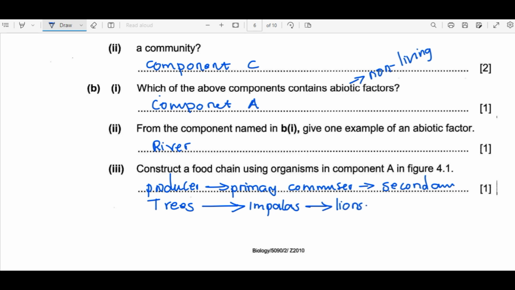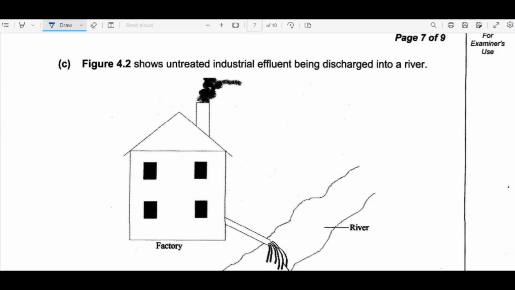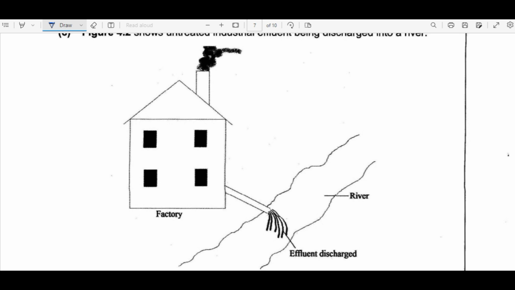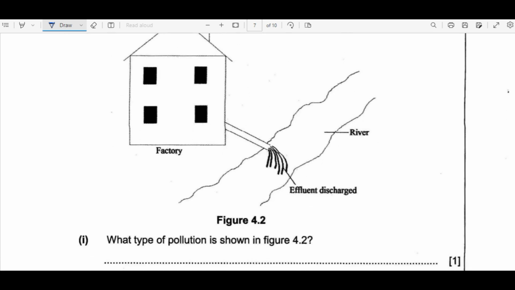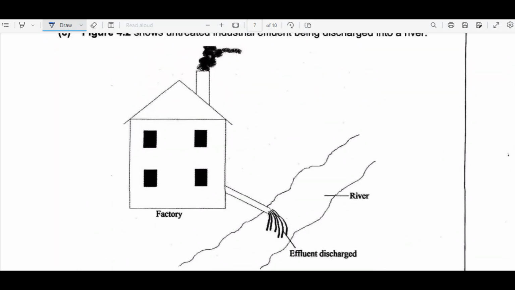Okay, we move on to question C. Figure 4.2 shows untreated industrial effluent being discharged into a river. So the thing is about the discharge of this into a river. Then Roman number 1, what type of pollution is shown in figure 4.2? If you can see, there is the discharge of smoke into the atmosphere and also of these chemicals into the river.